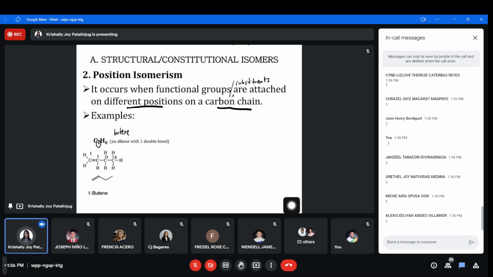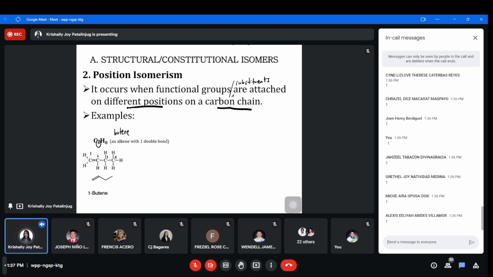Now another position isomer na pwede nating ma-obtain with this molecular formula is simply transferring the position of the double bond. What do you think? What is the other butene na pwede nating ma-obtain? Okay? By simply transferring the location of the double bond.